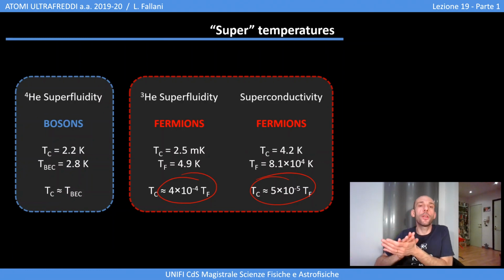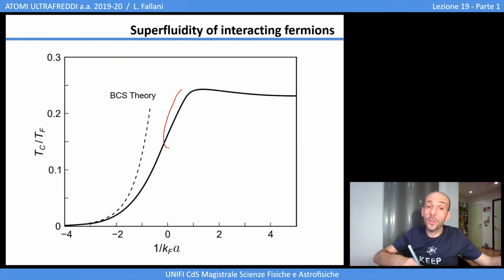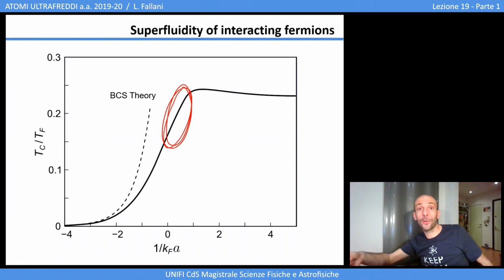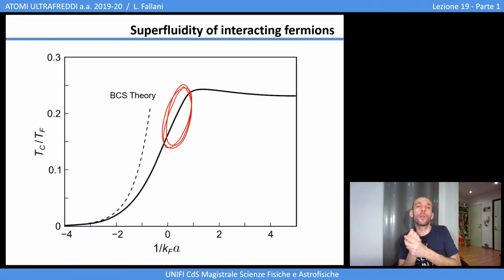This is fixed by nature, and so there is little that you can do. You can study, of course, the kinds of superfluids that are naturally formed in these systems, but you cannot achieve this regime that was possible to study only with cold atoms, because of this possibility of changing the interaction between the particles with the Feshbach resonance in order to have this strongly interacting regime.